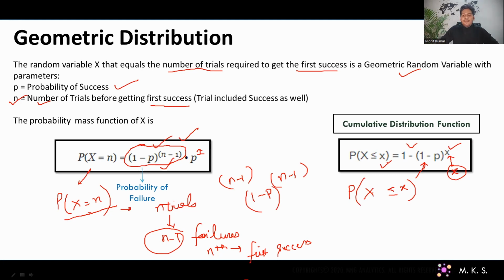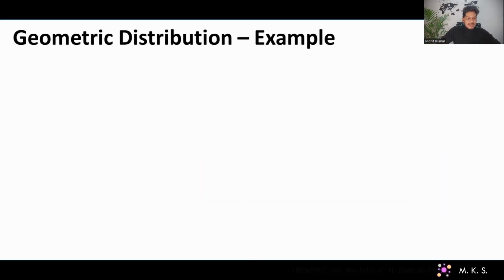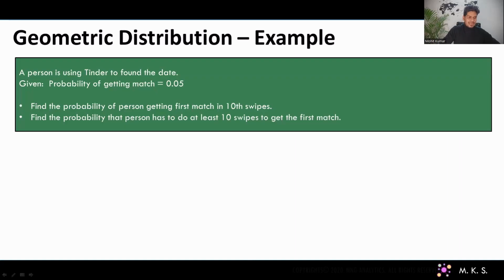Now let's see how we implement them in the real world or in the industry, right? So let's move to the next slide, where we'll talk about the mathematical part using a simple real-world example. Geometric distribution example. Let's say there is a person who is very active on Tinder, guys. Okay, so you can relate with yourself as well, I know. So a person is using Tinder to find a date, right?